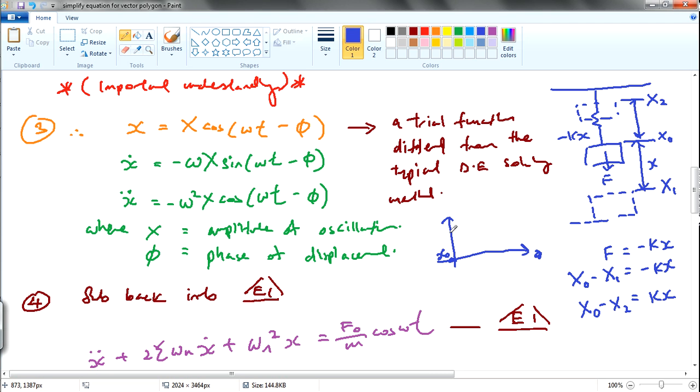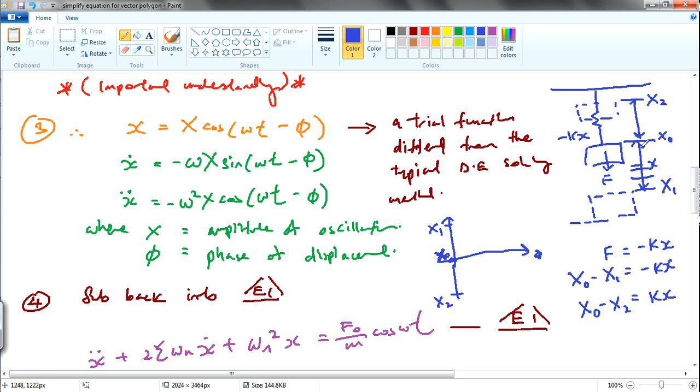In a graphical view, this point is x naught, this point is x2, and this point is x1. Make sure this is the position x. I'm talking about the position. As you put it down and you release, the kx starts to act. When you release, the x distance is large, then lesser and lesser, eventually going to x naught.